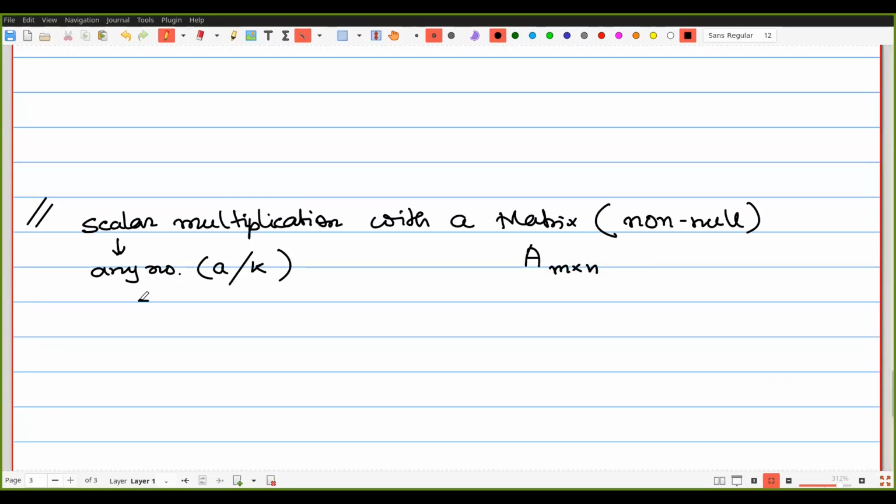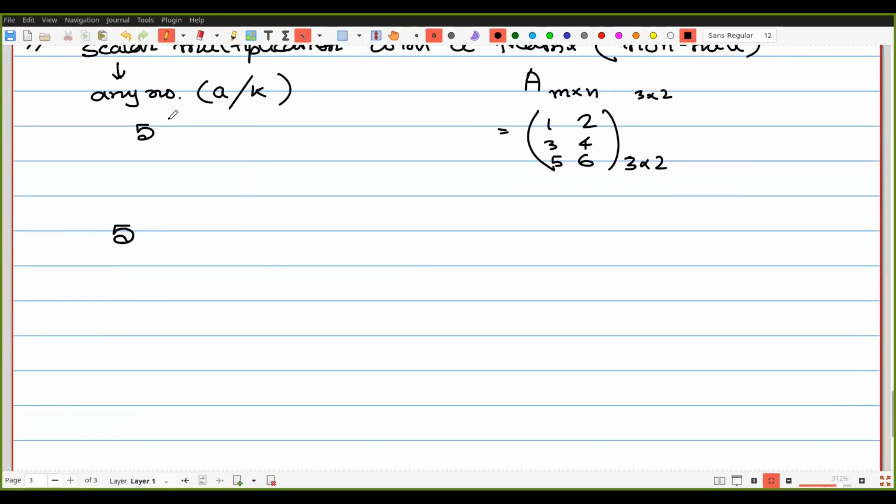Suppose we have the number equal to 5 and we have the matrix, suppose 3 cross 2, 1 2 3 4 5 6. So when we are multiplying it with 5, here we are writing K into A as 5 into 1 2 3 4 5 6.